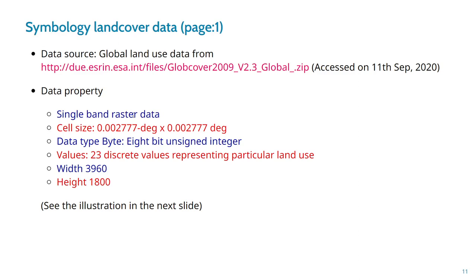It is a single band raster, the cell size is approximately 0.003 degree, and it is a geographic coordinate system, and the data type is byte. So it can contain values from 0 to 255, but it has 23 discrete values, and its width is 3960 by 1800.